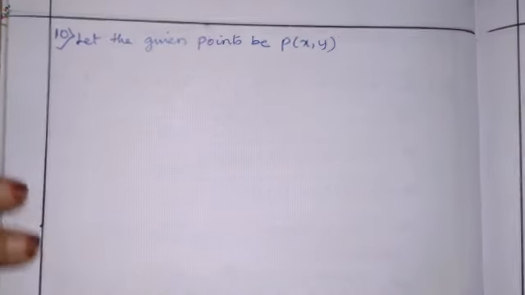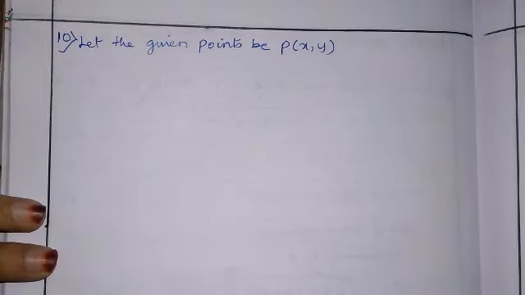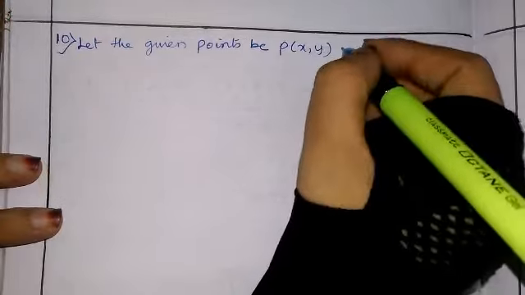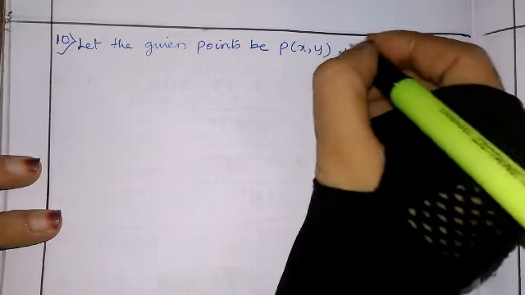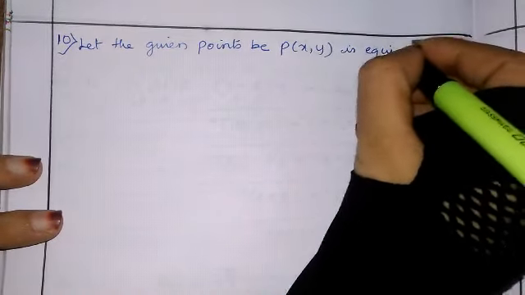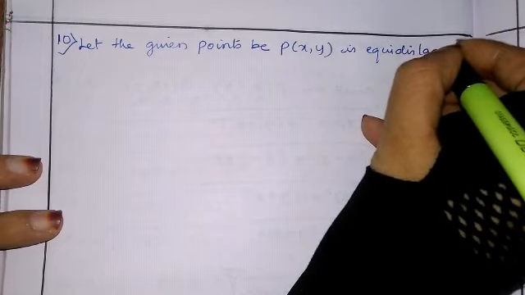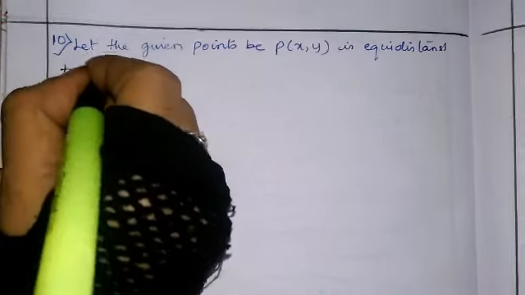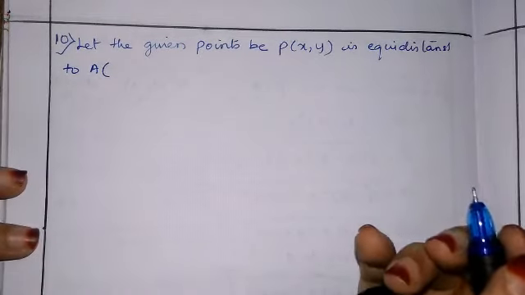It is given which is equidistant to these given points. P(x, y) is equidistant to A. Let me see, A value is what?